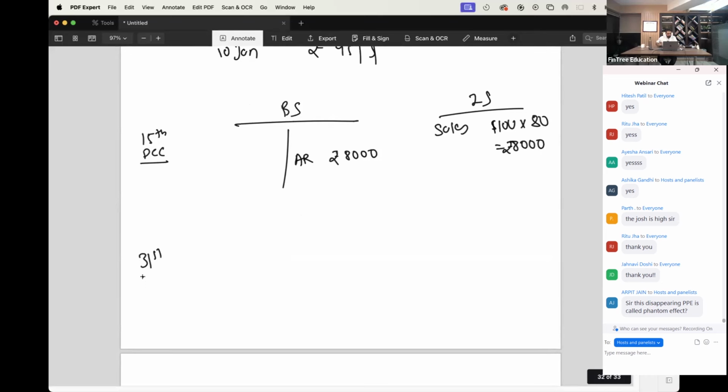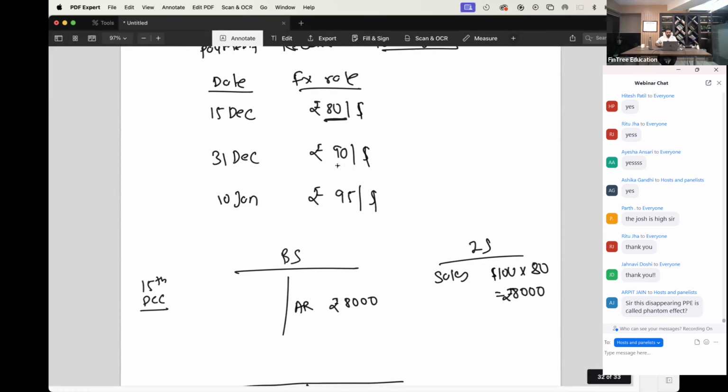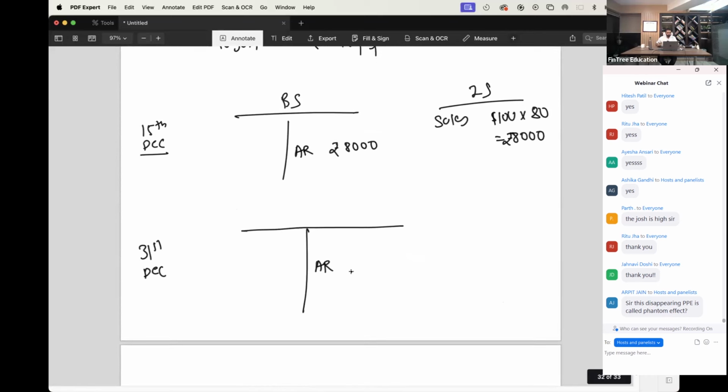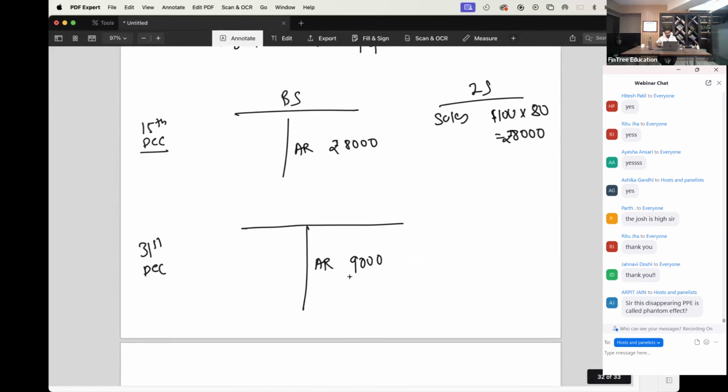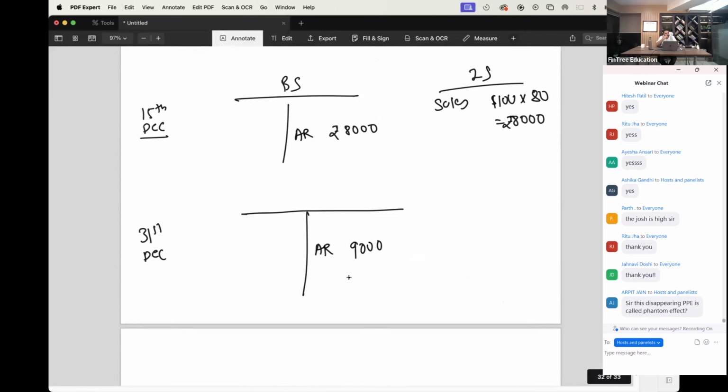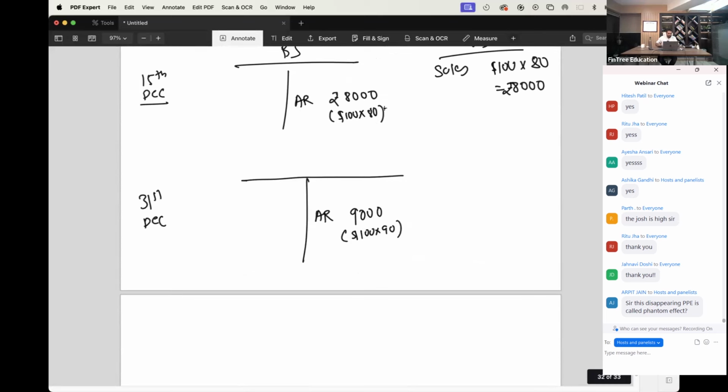Now 31st of December. You will say accounts receivable. Now the exchange rate has become 90. So you will make accounts receivable as 9,000 because your accounts receivable was $100 at the rate of 80, but transaction is not closed yet, and now the exchange rate has become 90. Is that a gain? Yes.